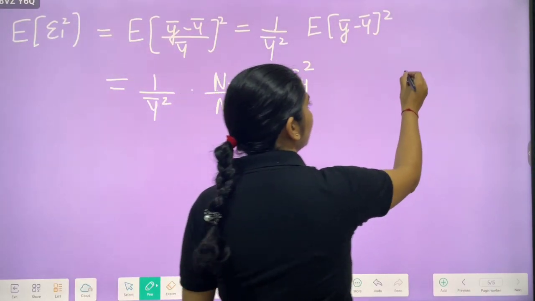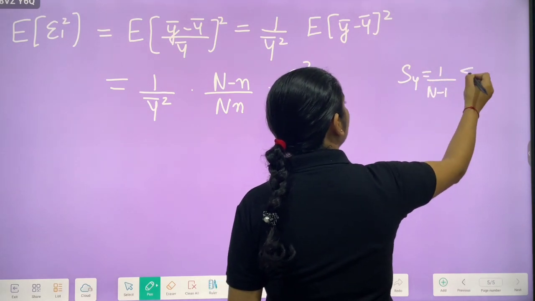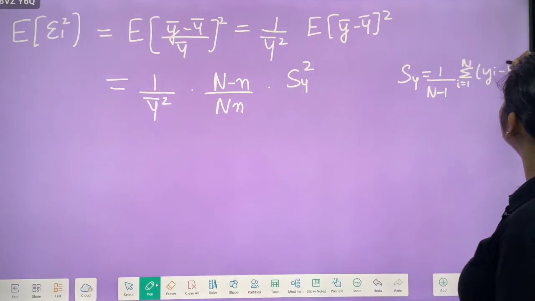where Sy square is nothing but 1 upon n minus 1, summation i goes from 1 to n, yi minus y bar whole square.